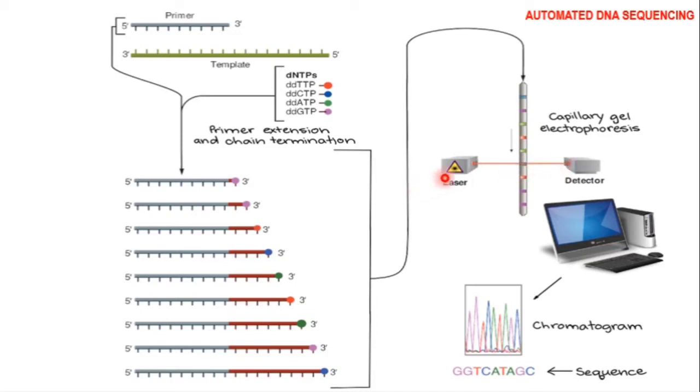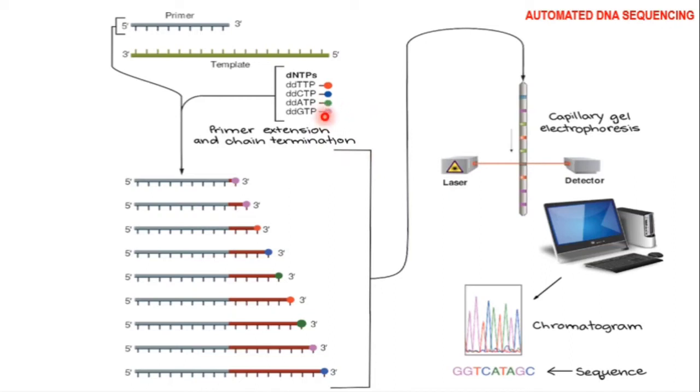For example, here the violet color is given, so we can see which ddNTP is marked with violet. The violet is ddGTP.